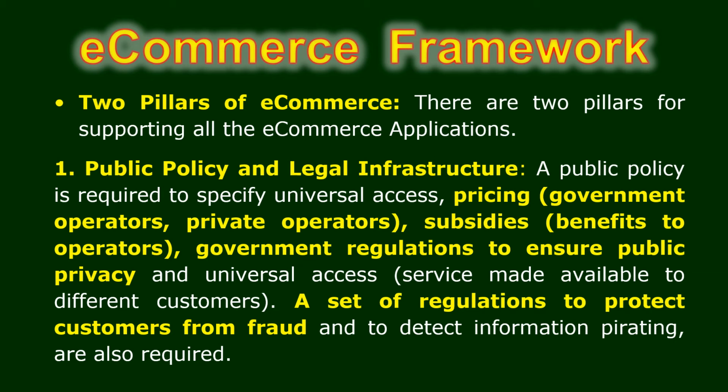Similarly, the subsidies, that is, the benefits that are offered to different operators. Similarly, the government regulations in order to ensure public privacy and universal access, that is, the service made available to different customers or consumers. So for all these things, a public policy is required.